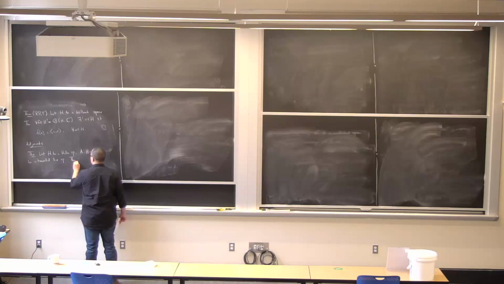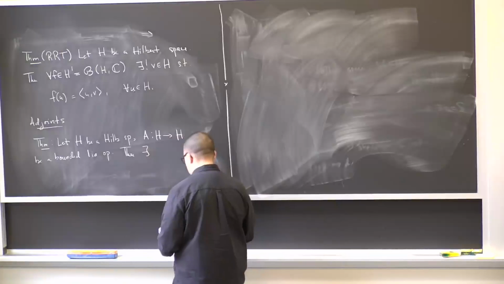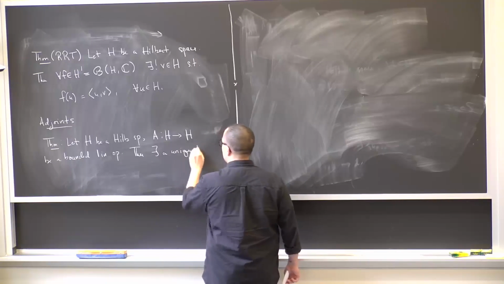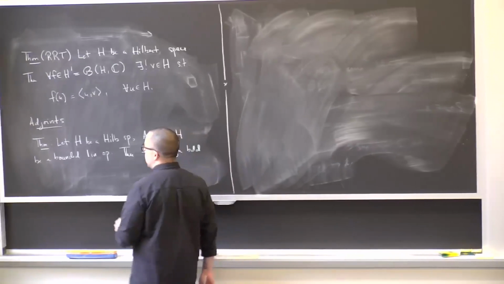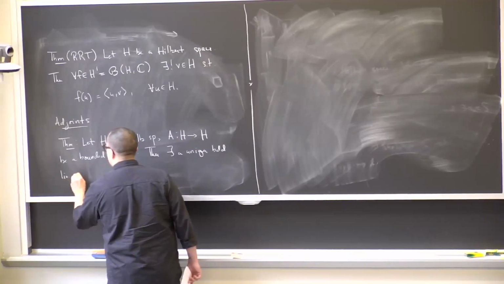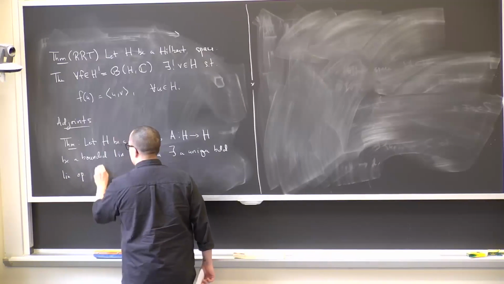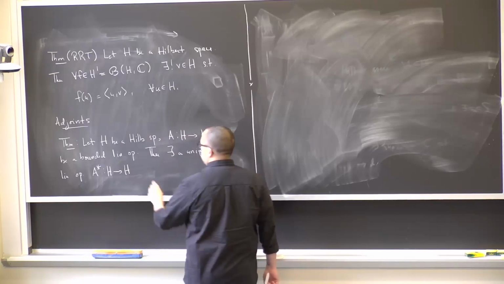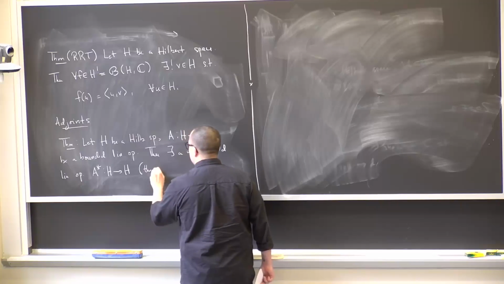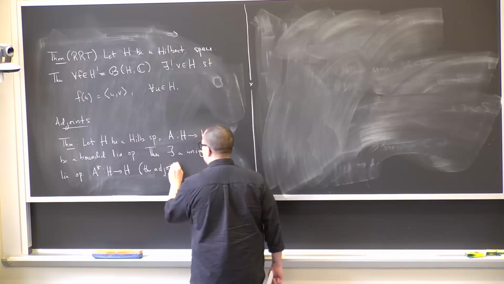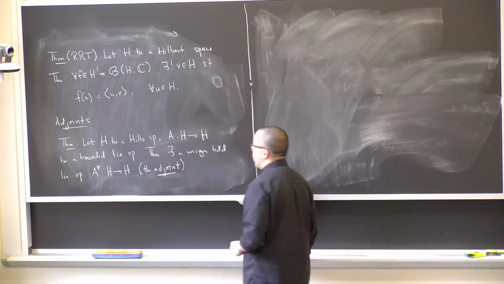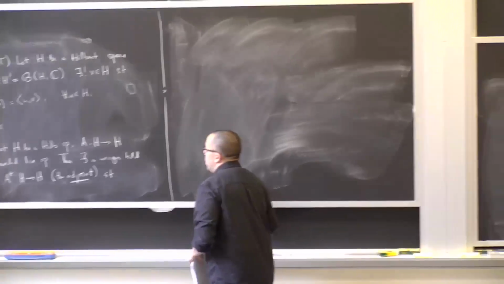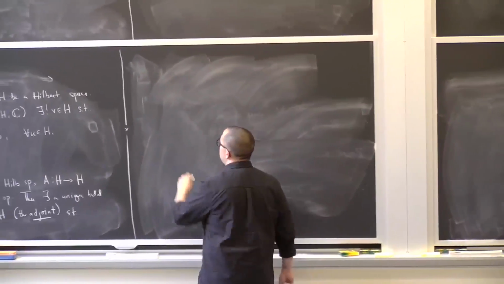The conclusion is then there exists a unique bounded linear operator A star from H to H, which we call the adjoint of A, such that A star satisfies the following property.